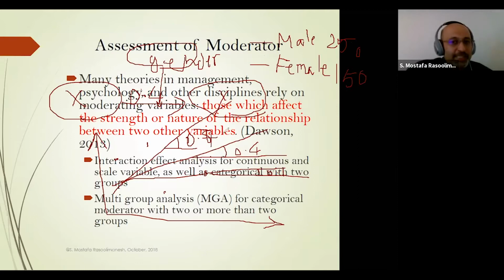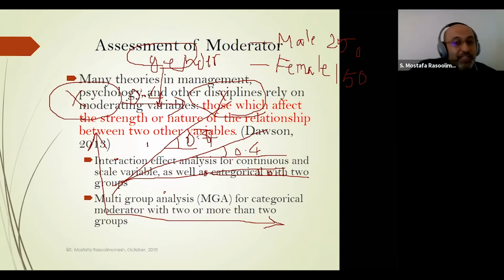So this 0.4 is a combination of the effects for male and female. But when we separate our data into two groups, male and female, and estimate this relationship separately, we can see a different beta coefficient for each one.